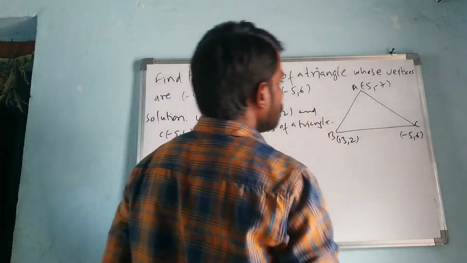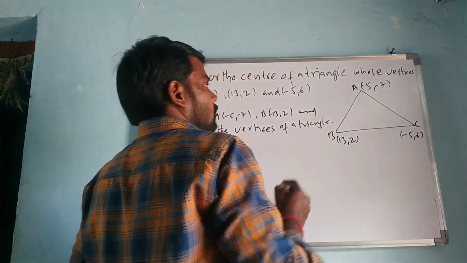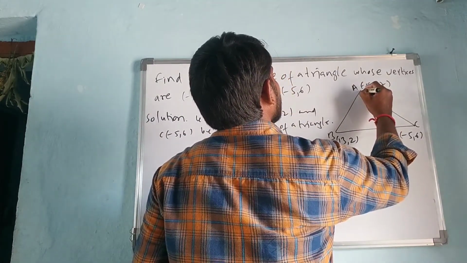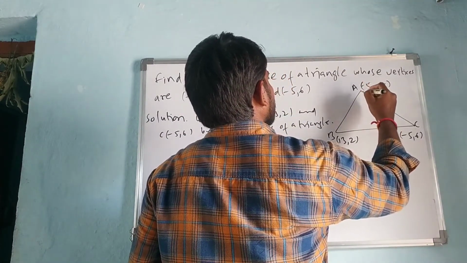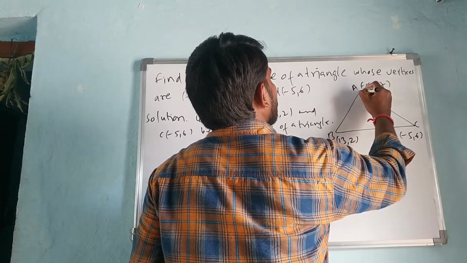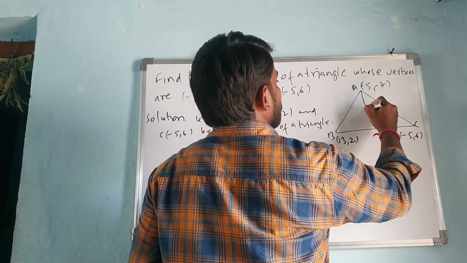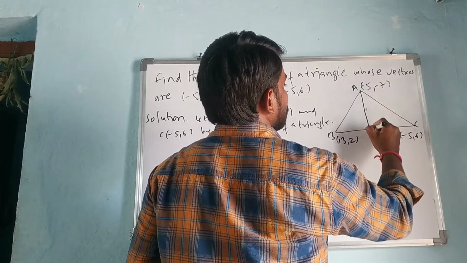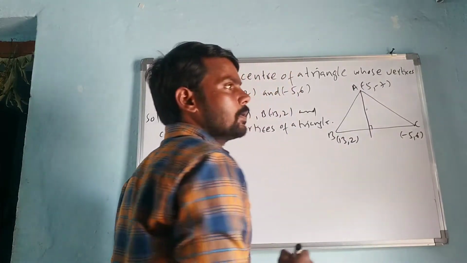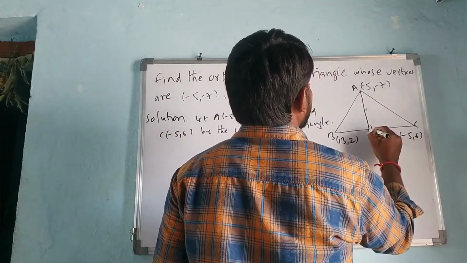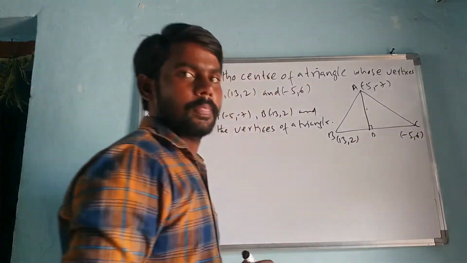Now let us take an altitude coming from vertex A, which is perpendicular to its opposite side. Let us say this altitude is AD.